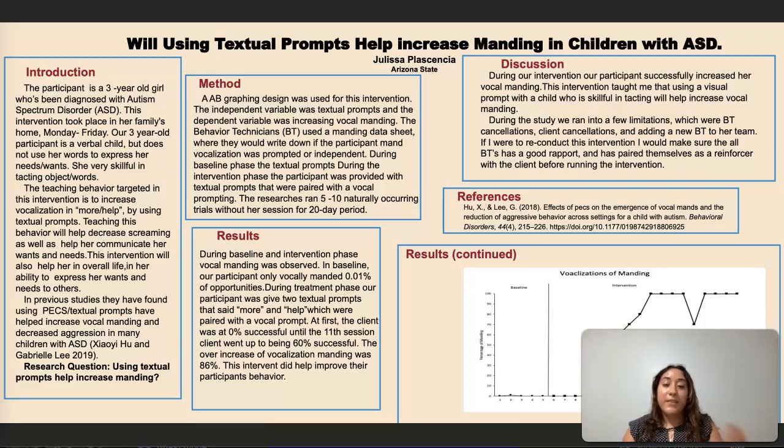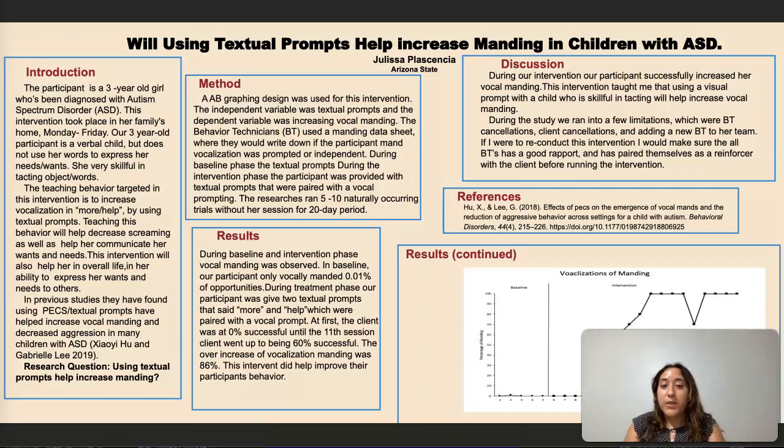At the time of planning this intervention, we were seeing a lot of maladaptive behavior such as tantrums, flopping, screaming, throwing, and it would have been interesting to run this intervention and see if her behaviors would decrease and her manding would increase. But due to time, I wasn't able to do that, so I did an AB graphing design. The independent variable was the textual prompts, and the dependent variable was increasing manding.